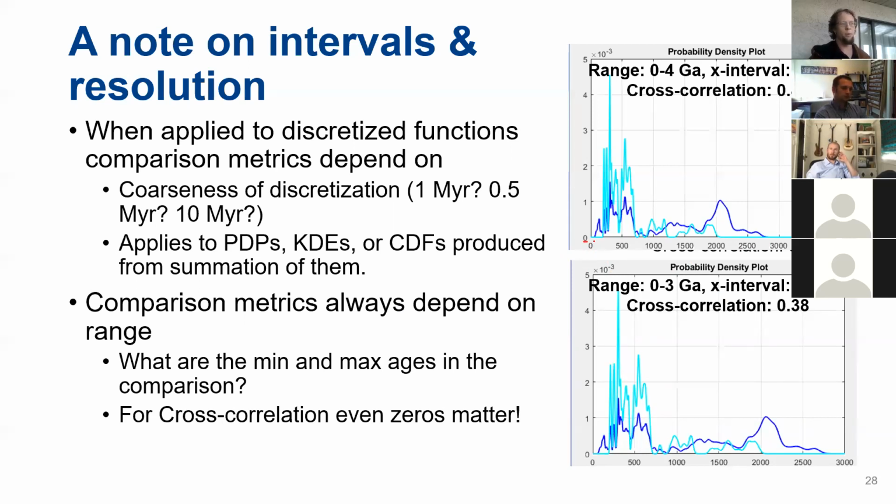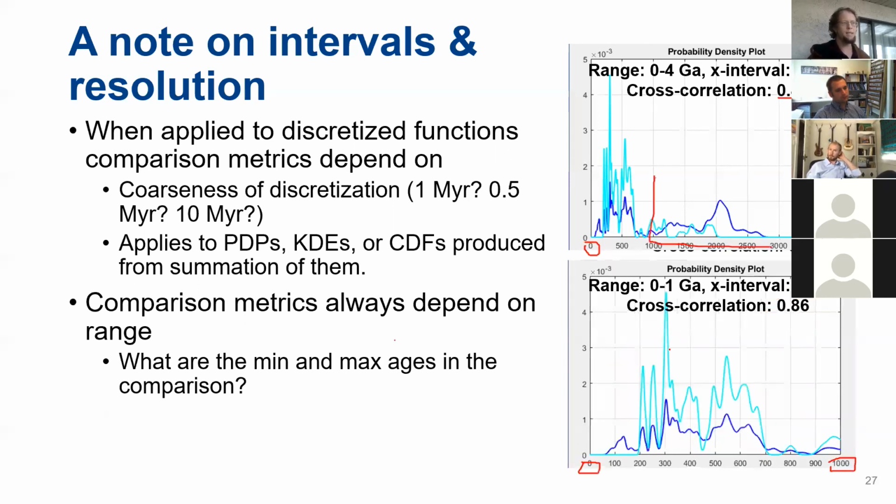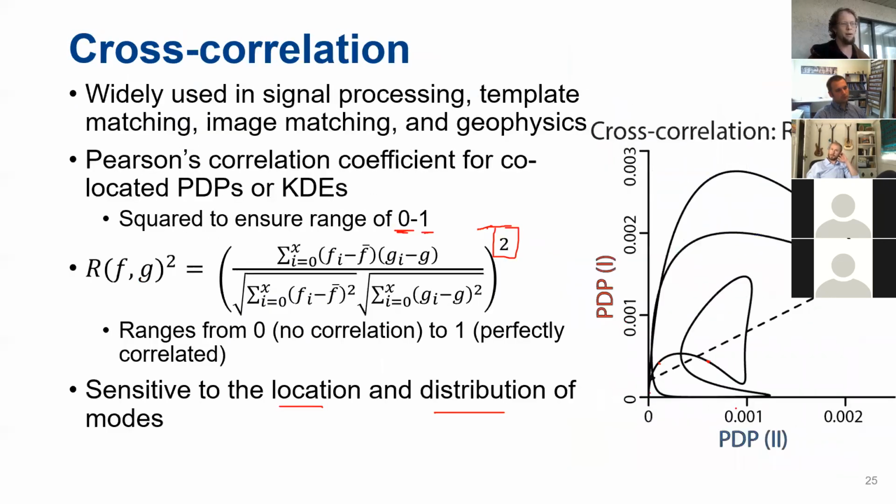So in this upper one, again, we're going from 0 to 4,000, but notice that there's basically no data out here beyond about 3,000. So let's just chop that off, right? And now we're going from 0 to 3,000, but note that this has changed our cross correlation coefficient. And this gets back to how this thing is calculated.